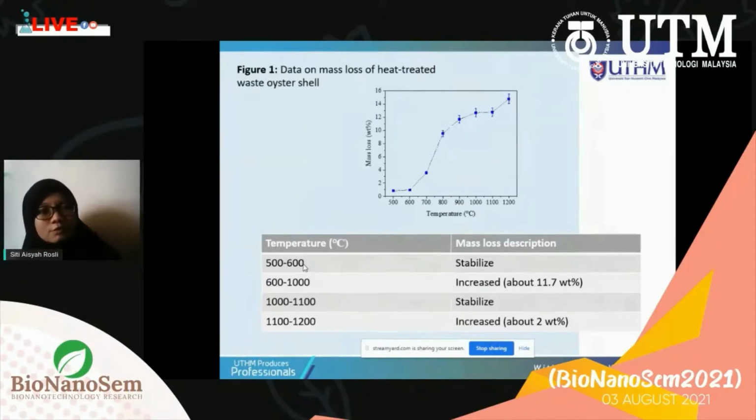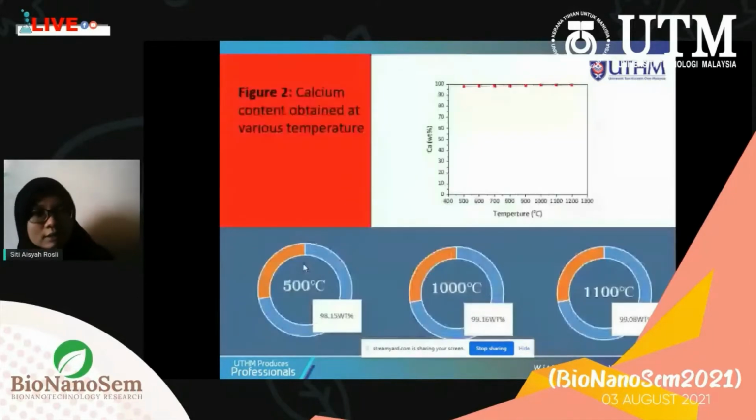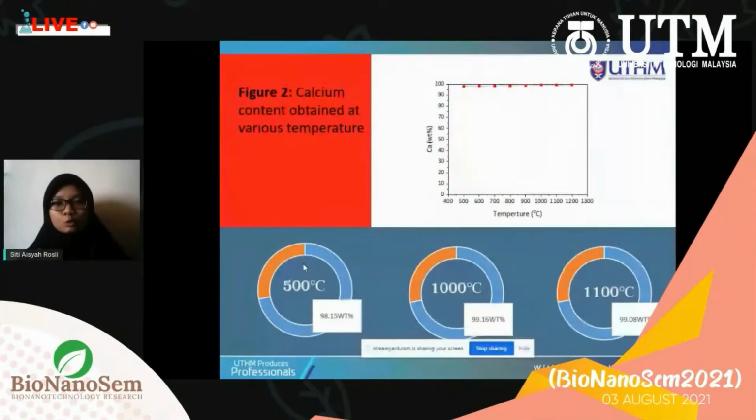For figure 2, calcium content obtained at various temperatures. As we can see, calcium content also increased from 500 to 1200, and I can conclude that our Crassostrea bilineata contains high calcium content at 1000, about 99.60%, compared to our previous study.